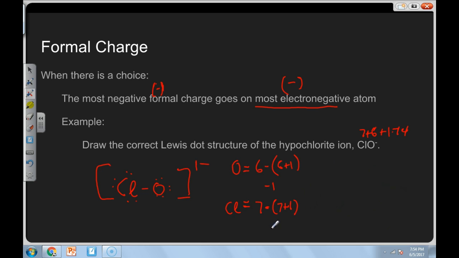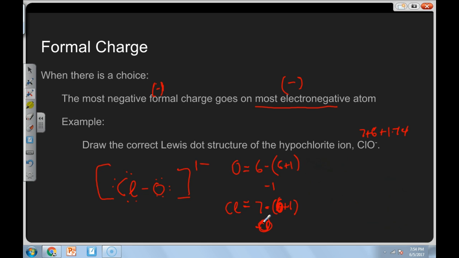Okay, and so now this has a formal charge of, let's see, oh, this is 6 plus 1, so that's a formal charge of 0. Even I can get screwed up here. I'm not perfect. Nobody's perfect. So that's 6, 2, 4, 6 plus 1. Okay, so that's a formal charge of 0.